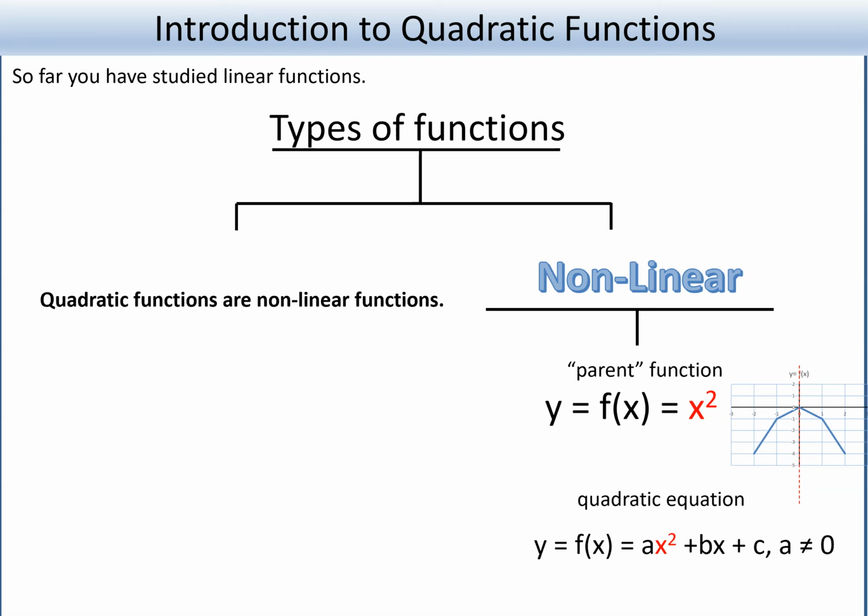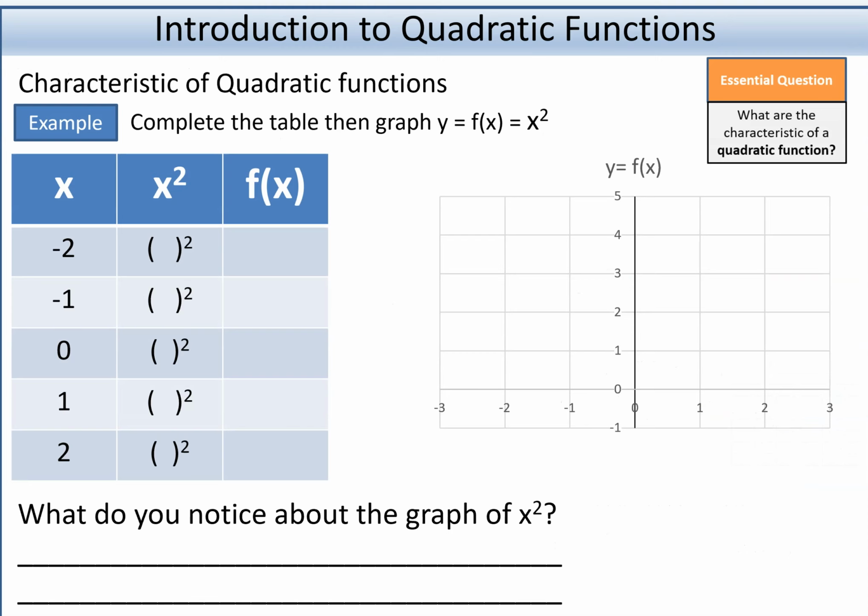So let's get into some details about the characteristics of a quadratic function. To do that, let's graph the function f of x is x squared. Let's take a minute and evaluate the expression at -2, -1, 0, 1, and 2, and tell me, what do we notice about this graph?